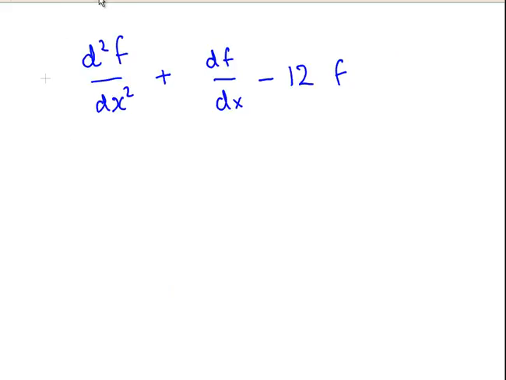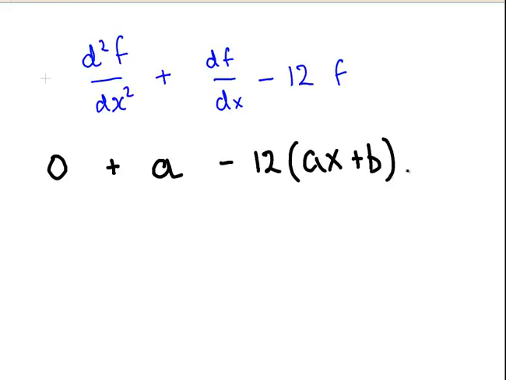So we have 0 plus a minus 12 times ax plus b, and that is going to equal minus 12x minus 11.